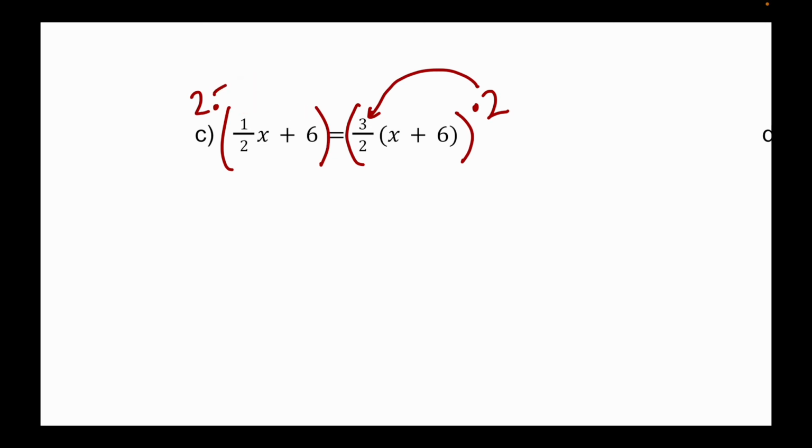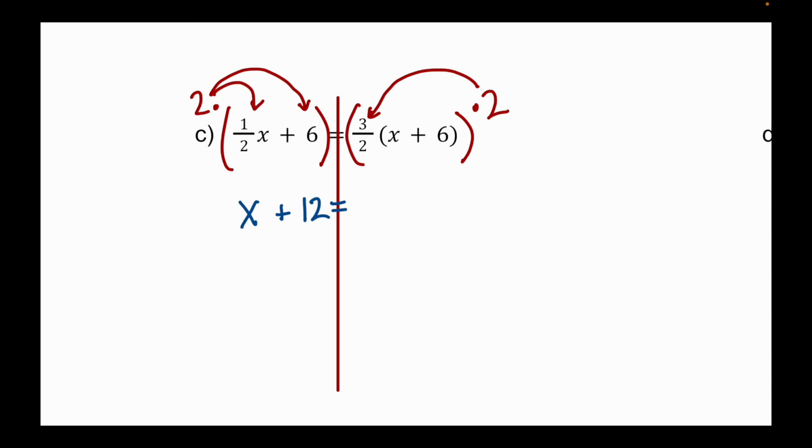So slightly different, but 2 times here and 2 times here. So what's going to happen with the one on the left is that the 2 and the 1/2 will cancel and we'll just have x, which is what we wanted. It no longer is a fraction. And then 2 times 6 is 12. And I should have put my equal sign divider line.